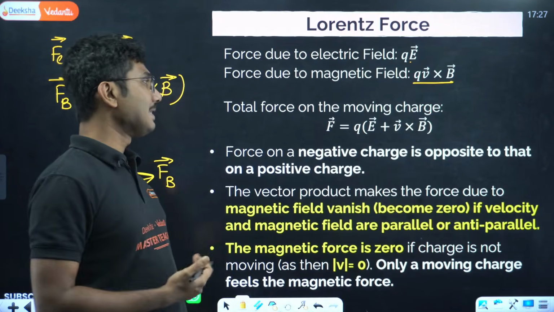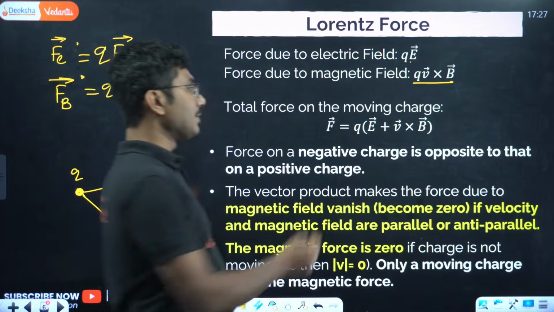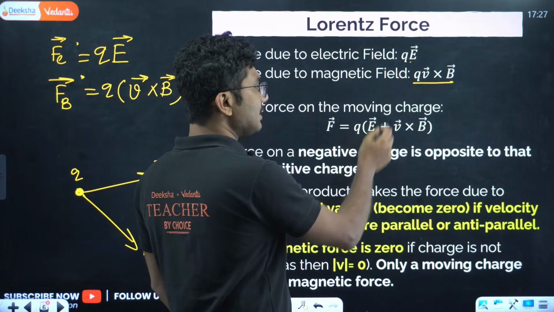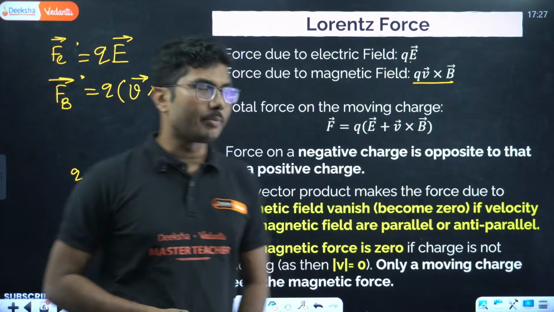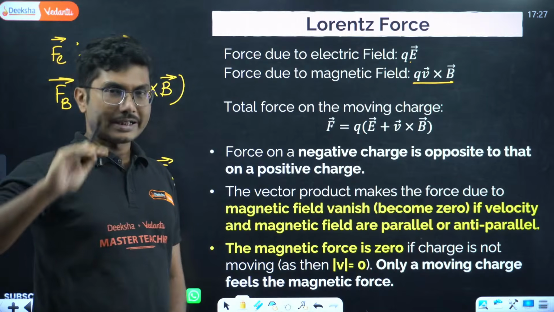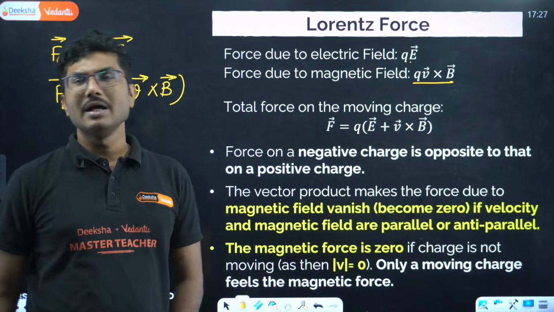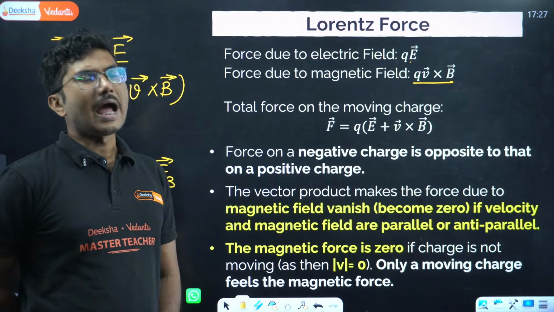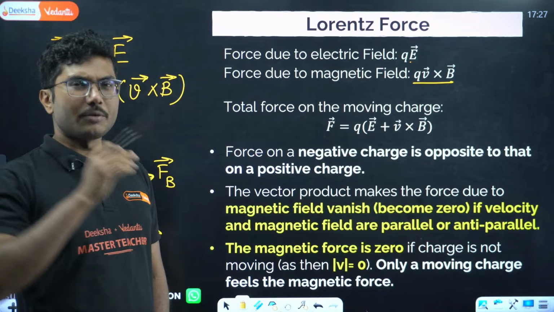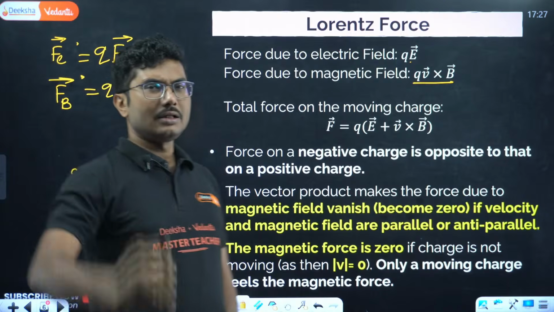The expression for Lorentz force is F is equal to Q into E plus V cross B. Q is common, right? You have to write E is electric field, B is magnetic field, V is the velocity of the charged particle, Q is the charge on the particle, and F is the resultant force.